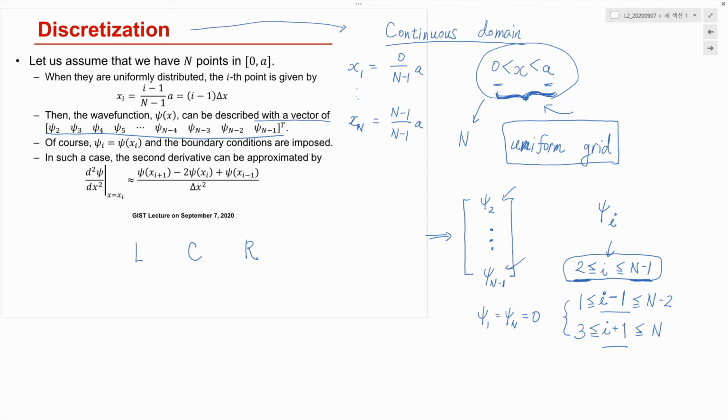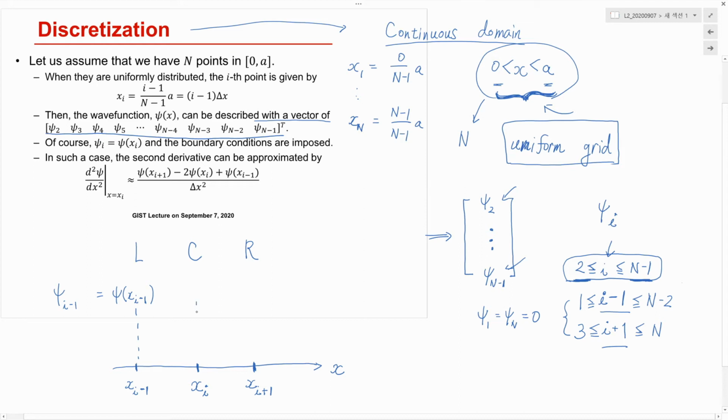Always they are available. Yes, this is xi, our position of interest. And here we have xi plus 1, and here we have xi minus 1. Of course, we can find the discretized solution at each position. Let's say this would be psi at xi minus 1, and that is denoted in this work as just psi i minus 1.